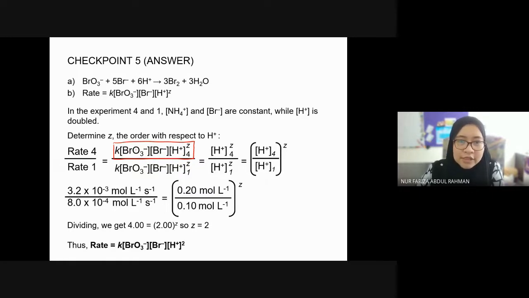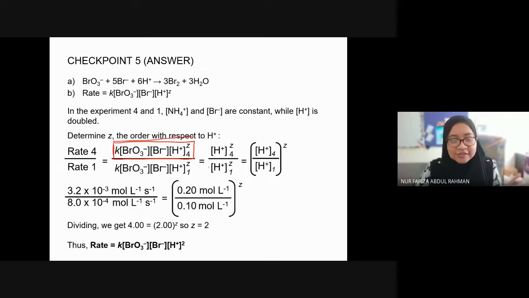So if you don't include BrO3 minus, for example, you just include Br minus and H plus, so akan ada question dekat situ. Kita akan ada query. Why didn't you include BrO3 minus? What's the reason you exclude the BrO3 minus in the rate law? Okay, itulah masalah. Walaupun kita akan cancel kan later, tapi proper way to represent the beginning part is to have this one.